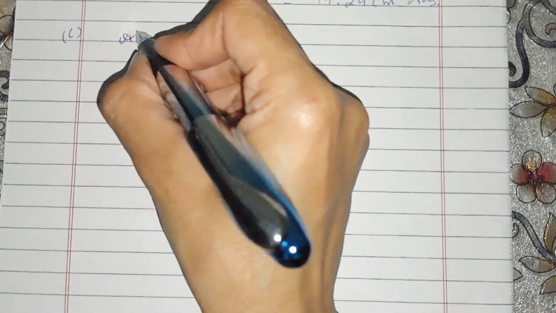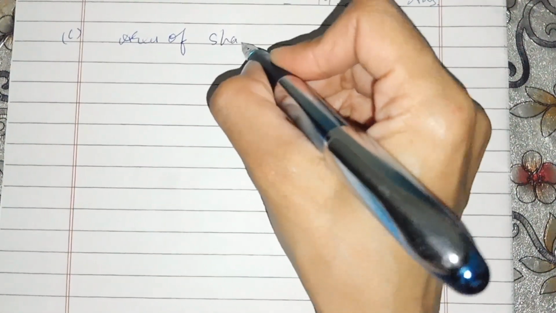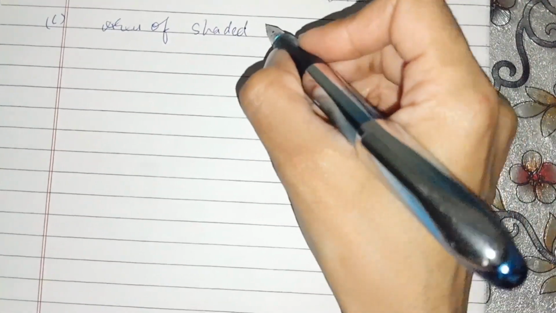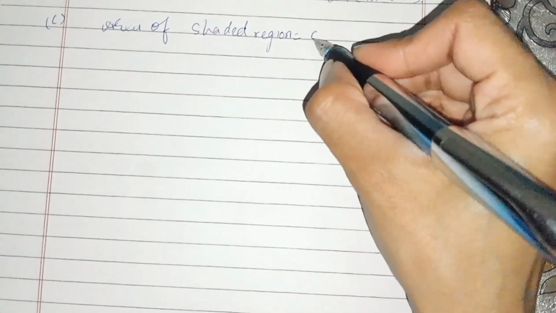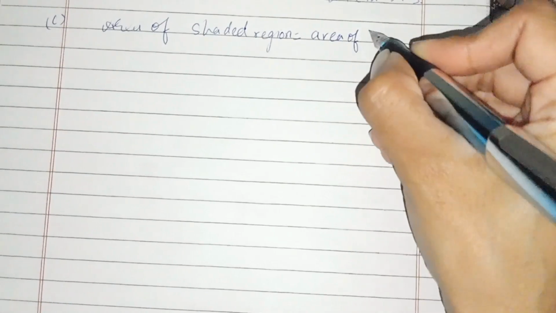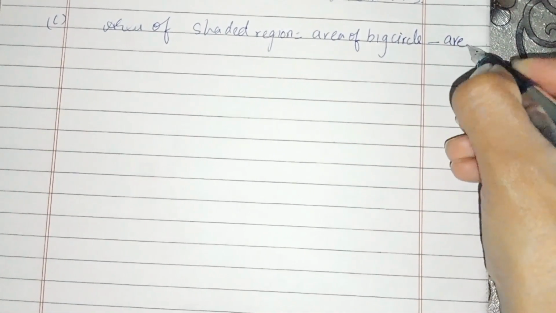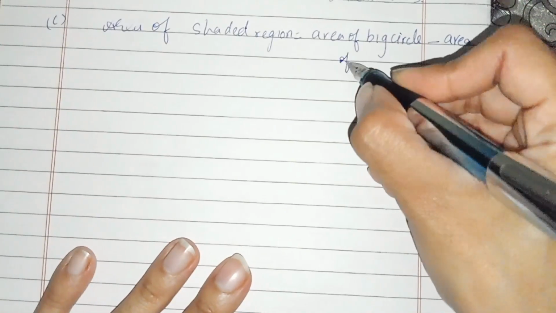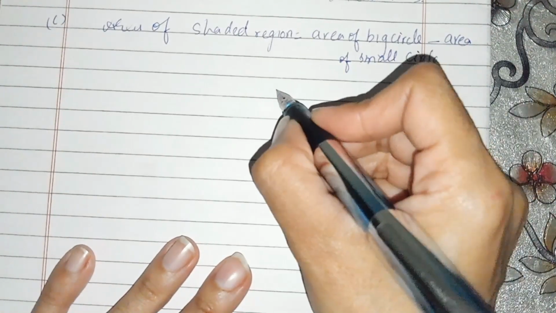Now students, part number C. Area of shaded region is equal to area of big circle, subtract the area of small circle.